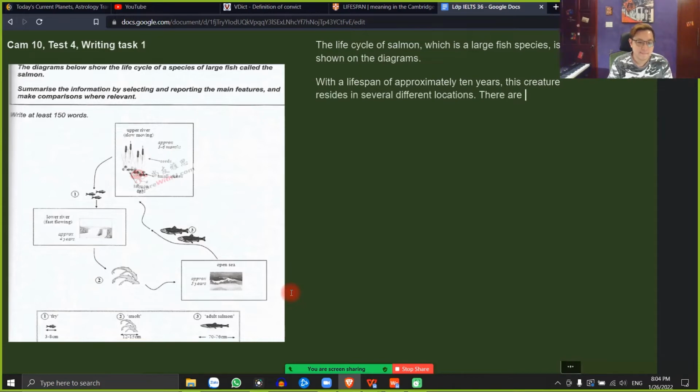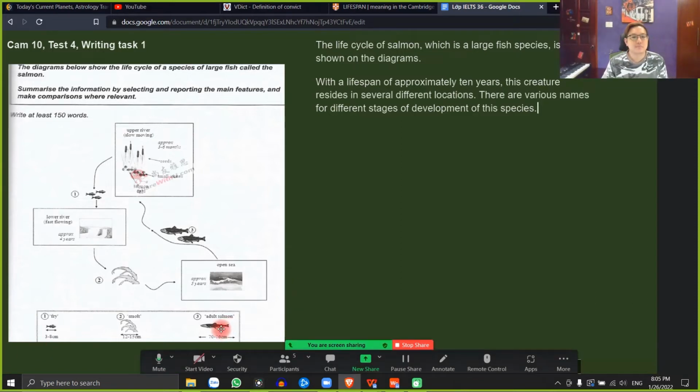There are various names for different stages of development of this species.